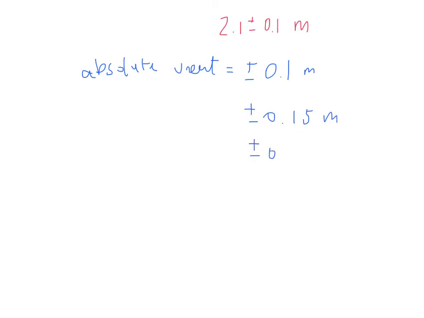You would always round it to 0.2. So if you're doing a calculation and you find your absolute uncertainty to be this, you cannot report it as such. You have to round it to this value. So that's absolute uncertainty. It has units, and it only has one sig fig at the high school level, for our purposes.